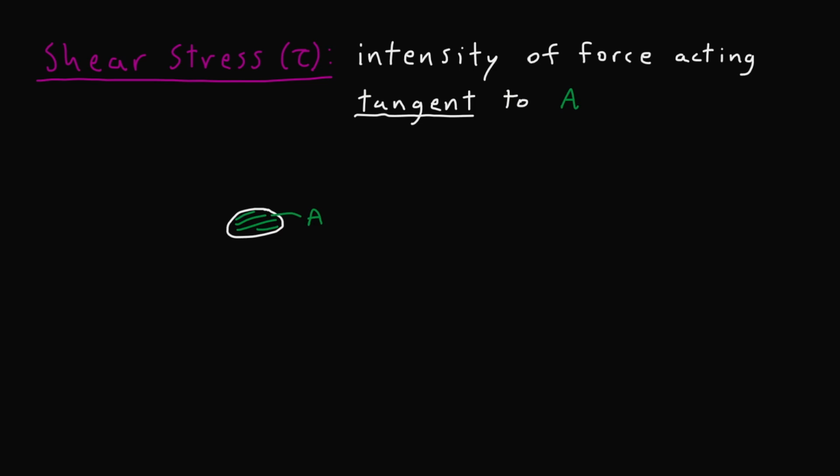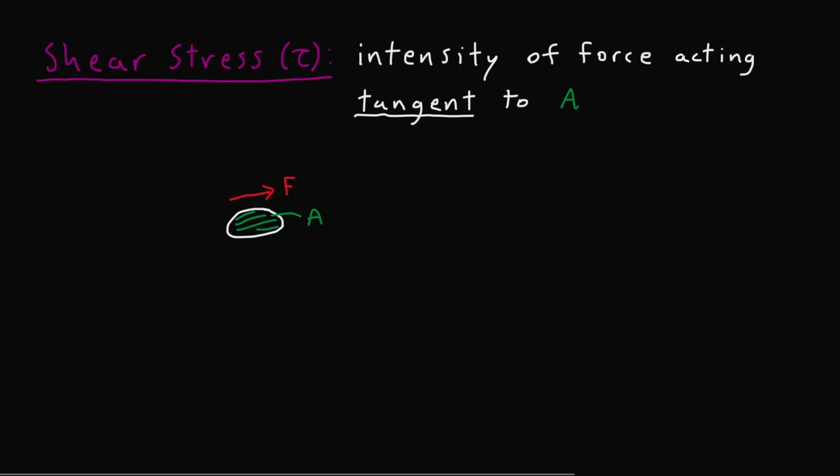And so in this case, this is a force that sort of slides over this area, just like so, barely touching the surface. And so this force essentially acts along this surface parallel to the tangent plane. And this is a force known as a shear force, hence shear stress.